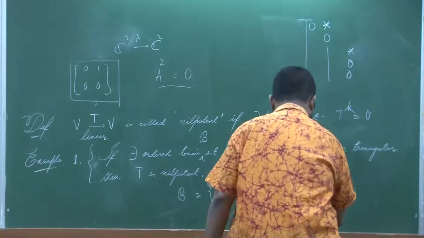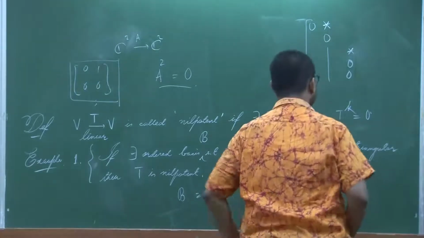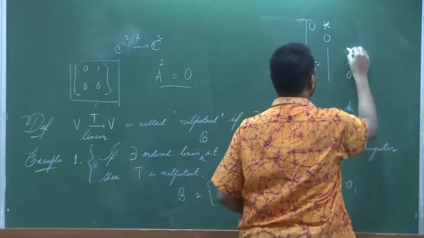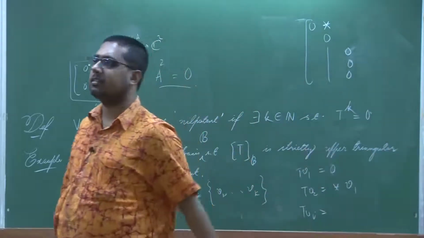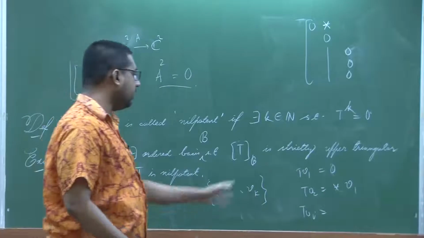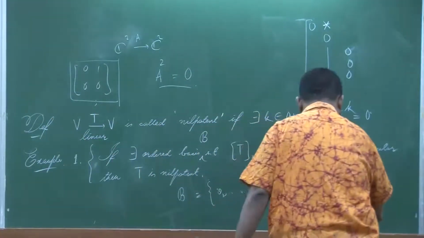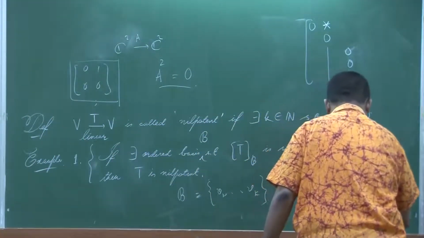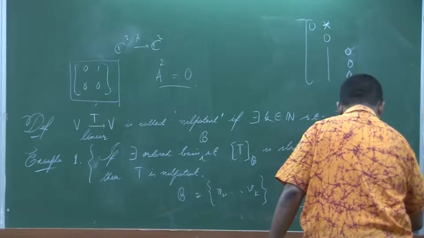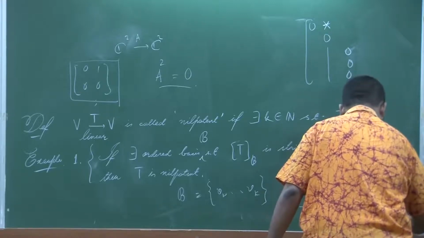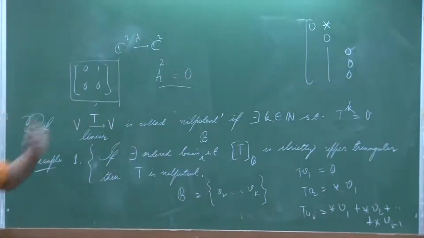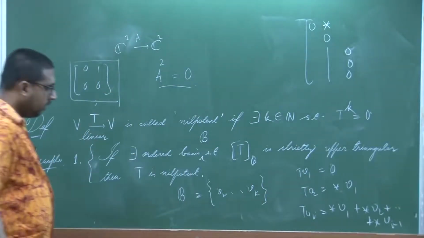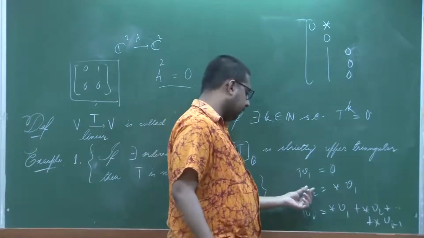So, even the ith diagonal entry has to be 0, and Tvi can be written as a linear combination of the previous vectors, for example v1, v2, ..., vi minus 1. The rest of them have to be 0 because the matrix is in strictly upper triangular form. And now that is very easy.